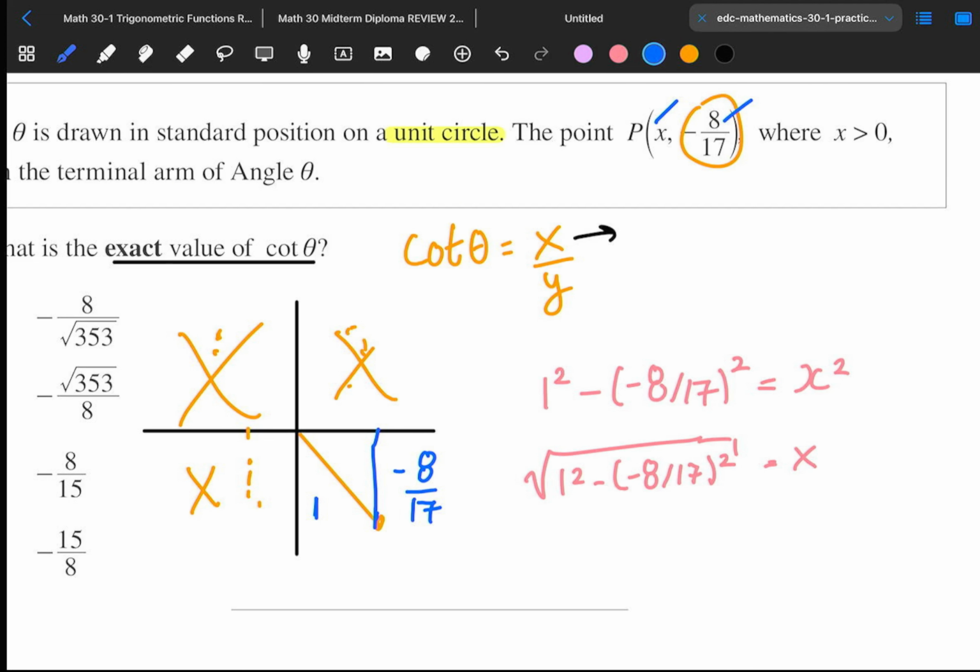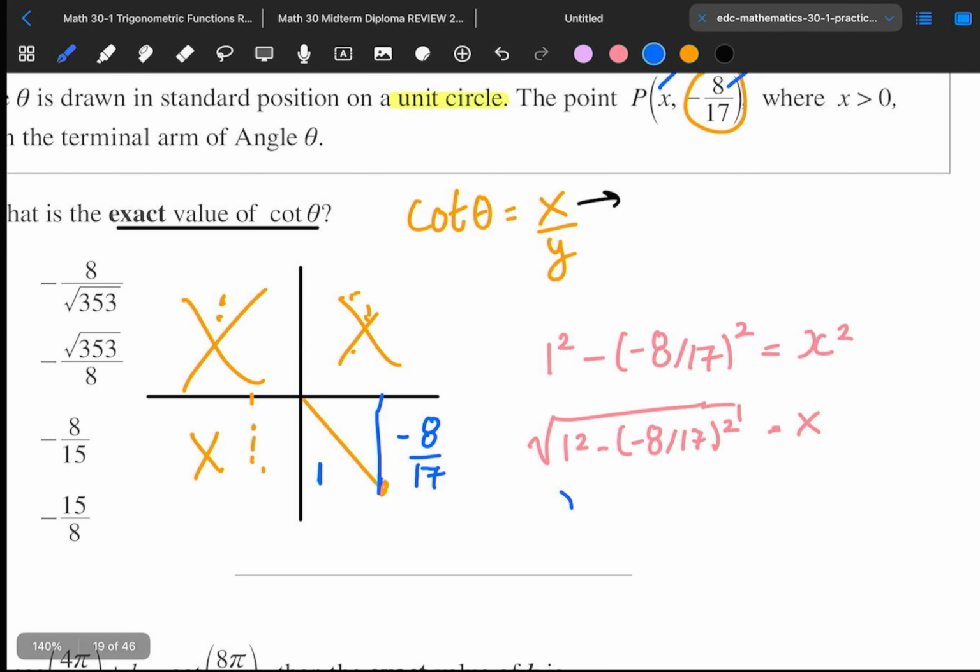So let's put this in our calculator here: 1 squared minus negative 8 over 17 squared, and we're taking the square root of this. And what you're going to get as x, if you convert it into a fraction, is 15 over 17.